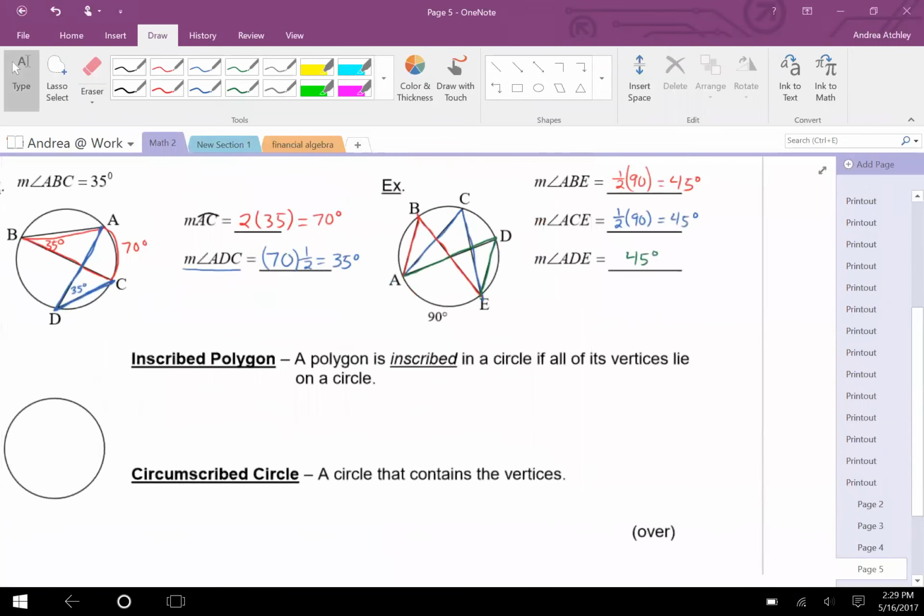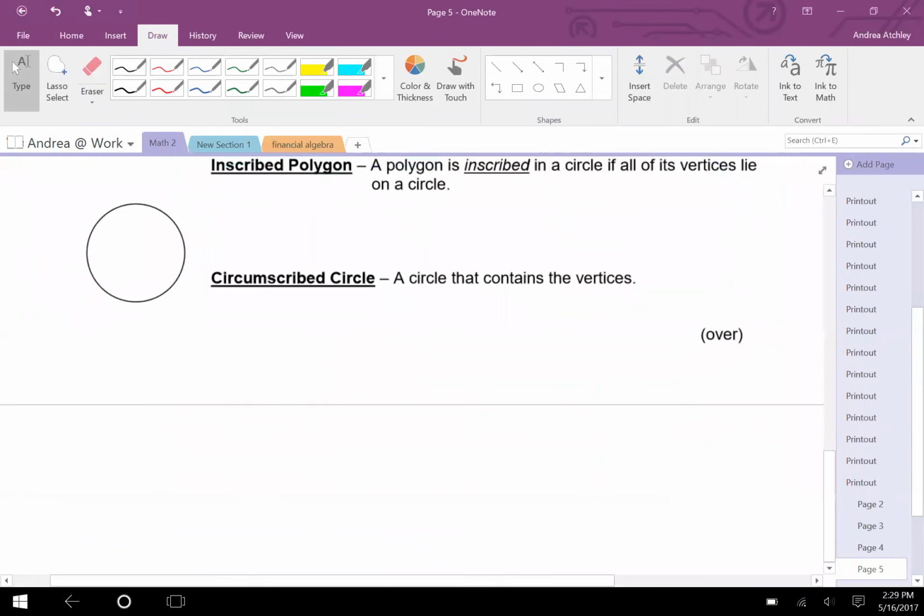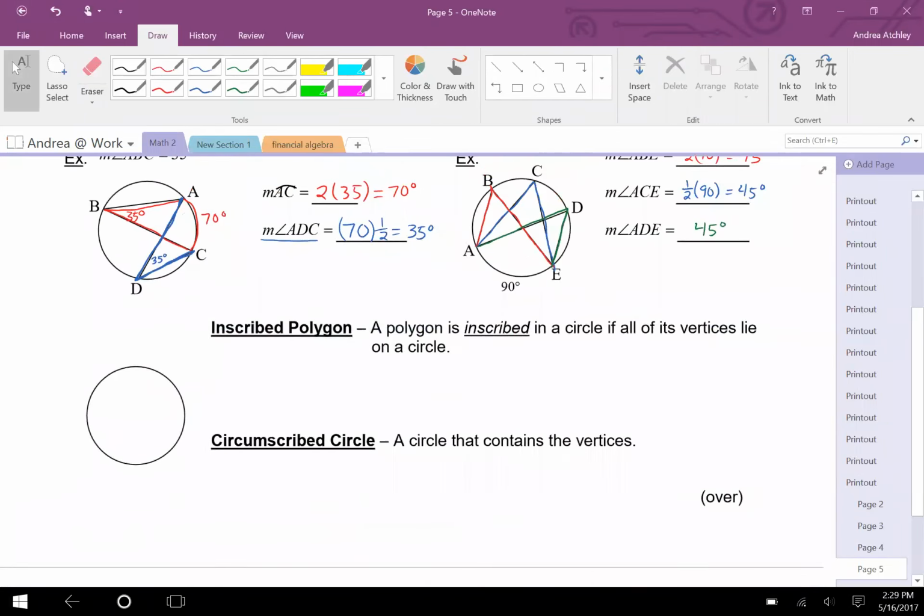Okay, inscribed polygon. A polygon is inscribed in a circle if all of its vertices lie on the circle. So we're going to inscribe that square in that circle.